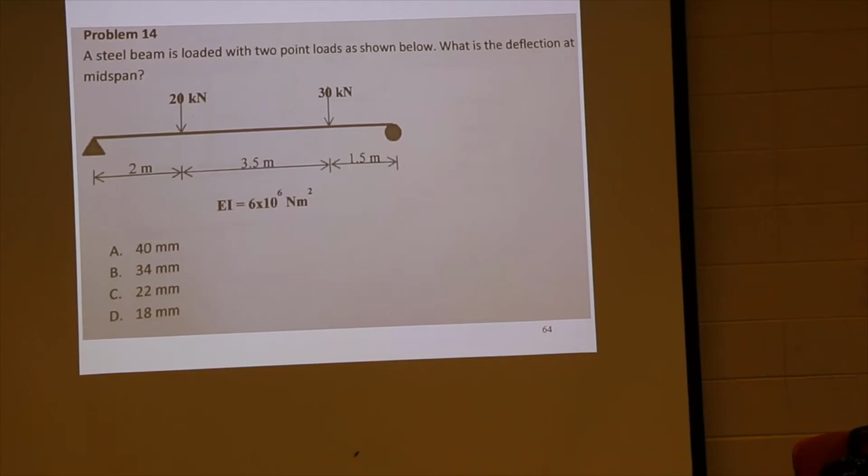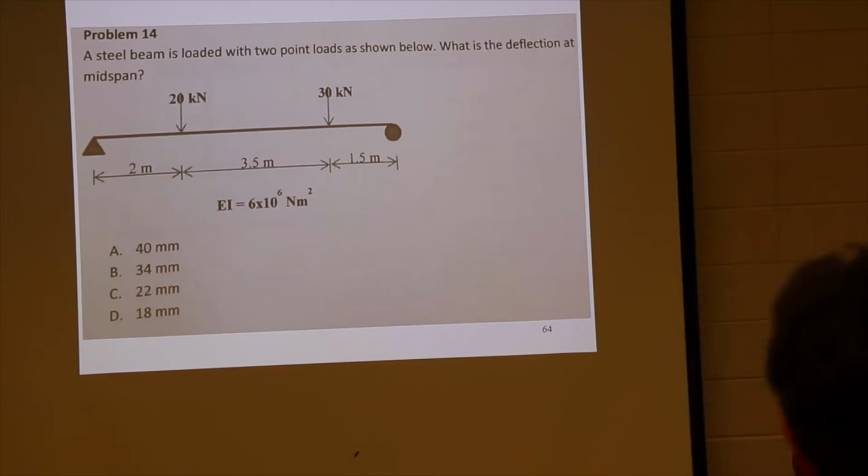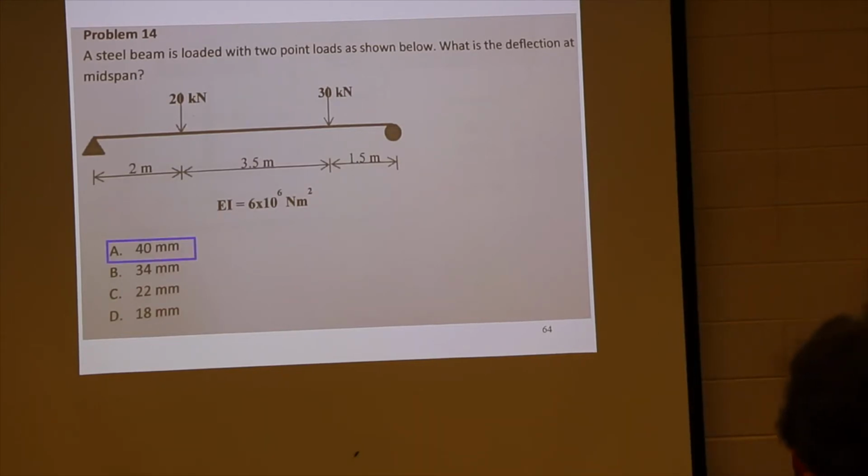So you're going to substitute 3.5 meters for this case, then 3.5 meters for that case, and get the deflection for both added up. There is no real art here. You are just opening the superposition table, doing the calculations, and you will find that your deflection is 40 millimeters.